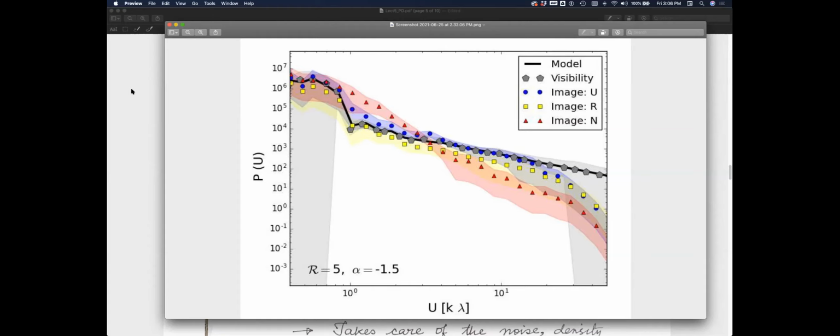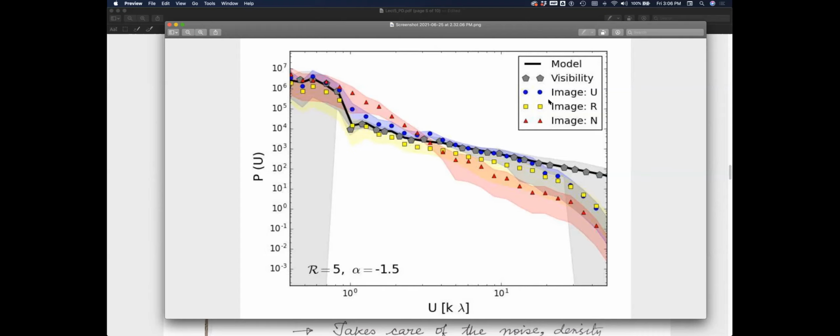So this picture demonstrates this. This black line is the model, which is something that I have simulated as the sky distribution, and I know the power spectrum of it. That power spectrum, or the visibility correlation, which Samir will discuss, the scale structure, whatever you call it, don't bother about what this represents for the time being, but that black line is the true thing. Once I calculate it directly from the visibility without adding noise, I get the pentagons, which all sit on top of the black line.